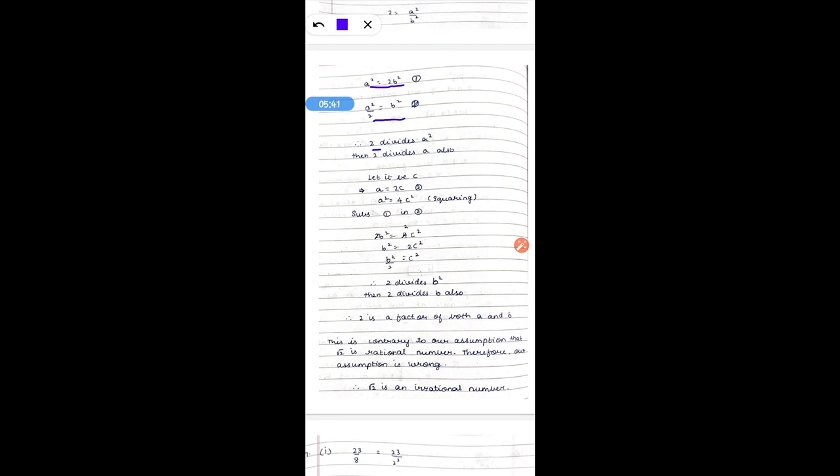This implies 2 divides a square, then 2 divides a also. Let it be c. So a equal to 2 into c.